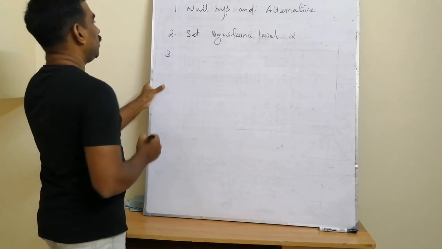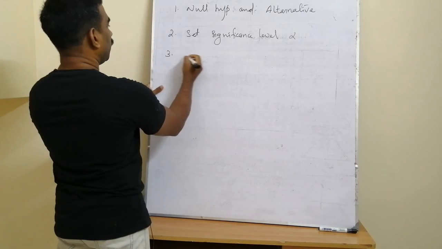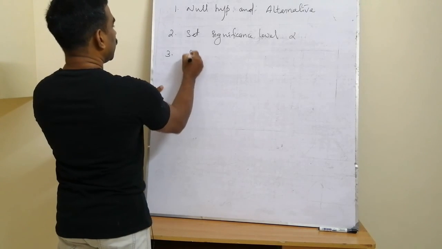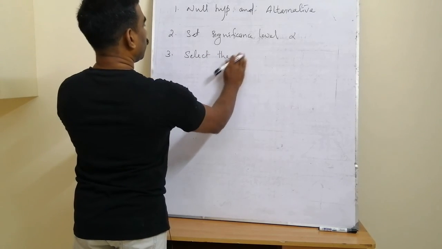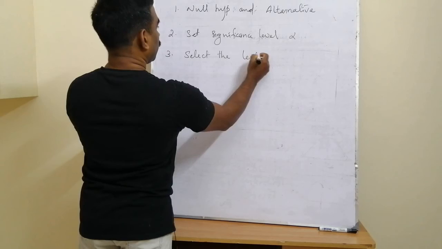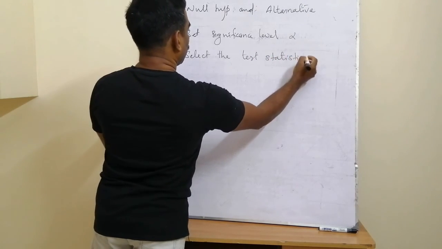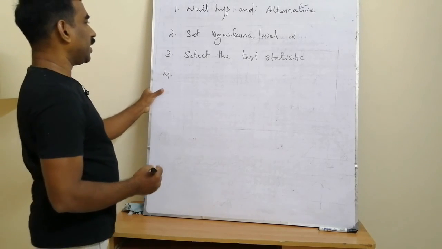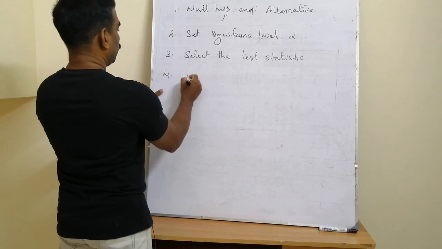And the third part is, use a proper sampling distribution, and using that sampling distribution, we will compute the value that is called the test statistic. Decide the test statistic. Now the final step, based on the test criterion or critical region, arrive at a conclusion.